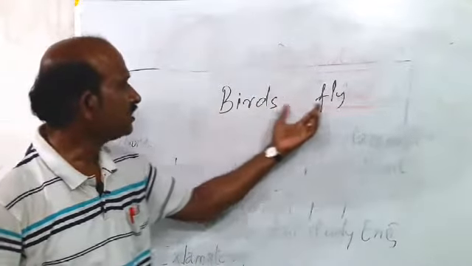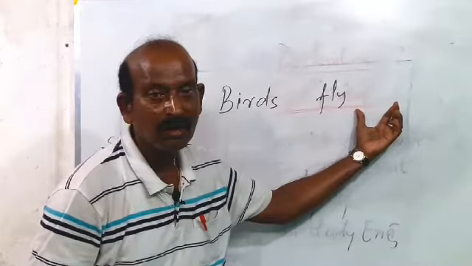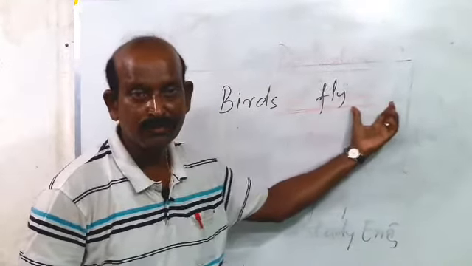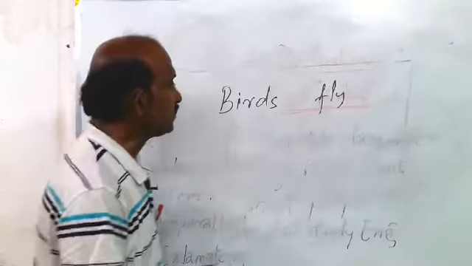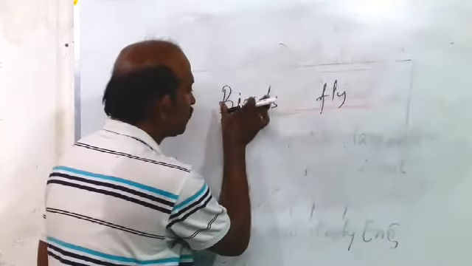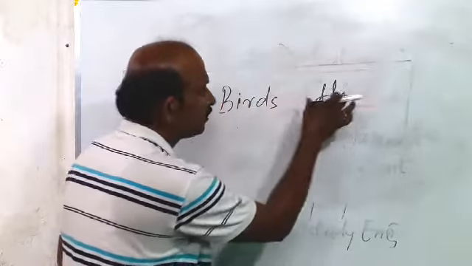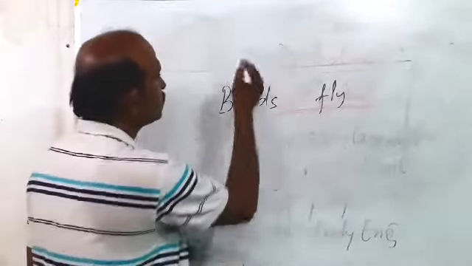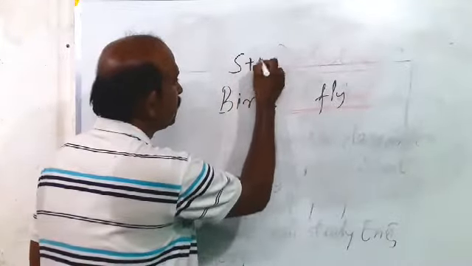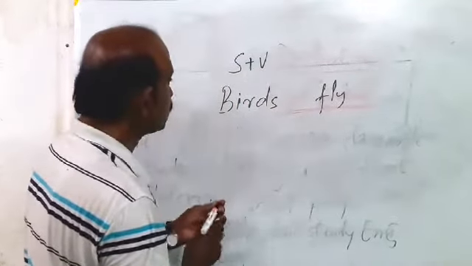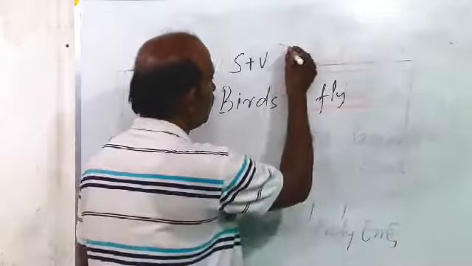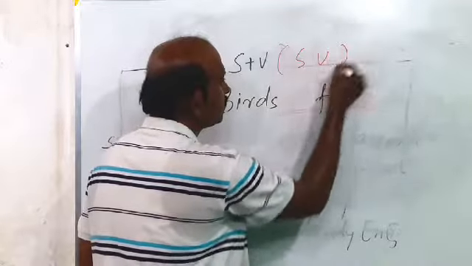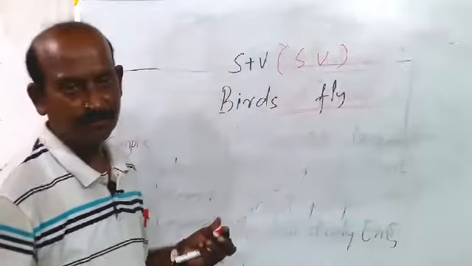So here there is no object after the verb. As there is no object, only one subject and verb. So this pattern is known as S plus V, or otherwise you can say SV, subject plus verb or subject verb.